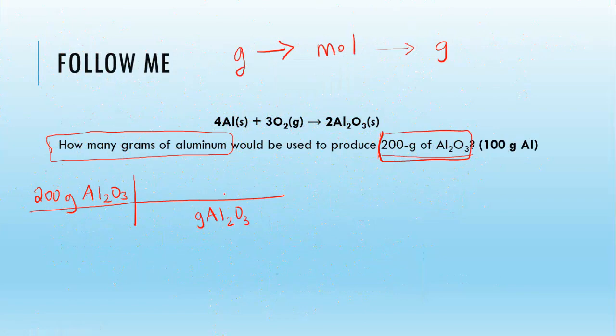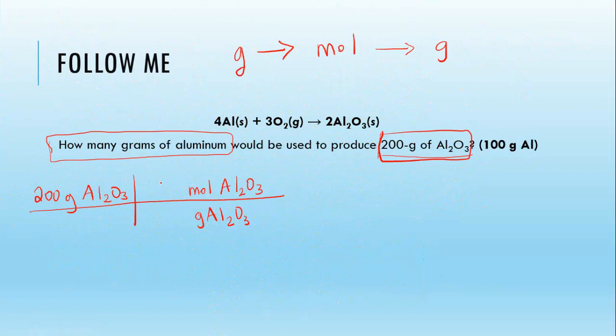Well, it just so happened in our first 3 examples that we were already at moles. So we need to get there this time. Now, I cannot go from grams of Al2O3 to moles of anything else. I have to go to moles of the same substance. This is an old problem. This is one that we did in Module 9. You should know how to do this.